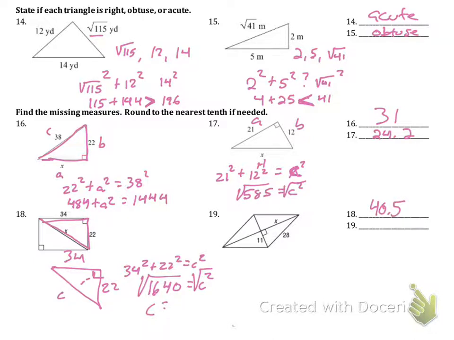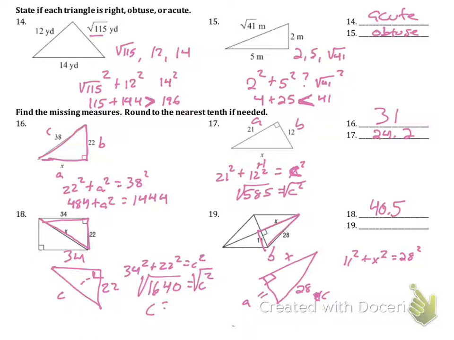All right, and then this one, don't worry about it being in a big shape. It's just that triangle right there. So if you pull it out, right, that's my 90. So this is my hypotenuse on this side, and that's 28. And then this is what we're looking for, and this is 11. So this will be like an A, this will be B, and this side, the hypotenuse will be C. So 11 squared plus x squared, or b squared, whichever you want, is going to be equal to 28 squared.